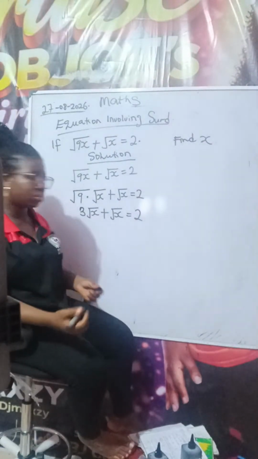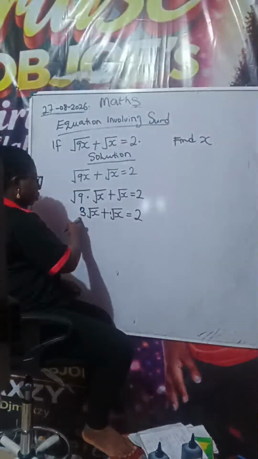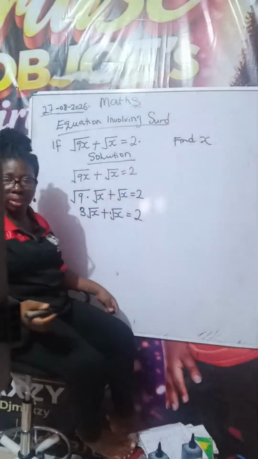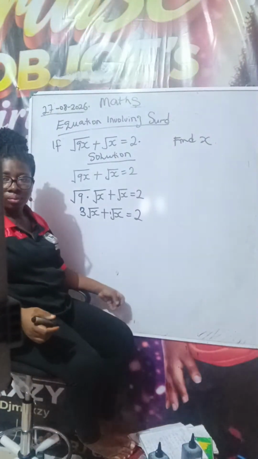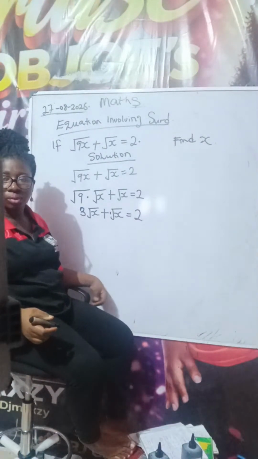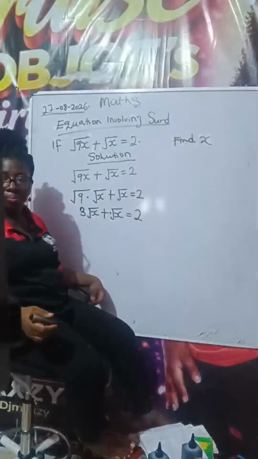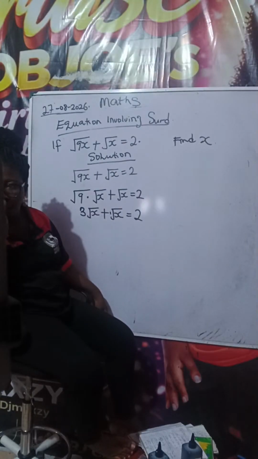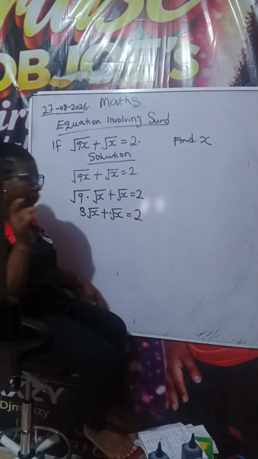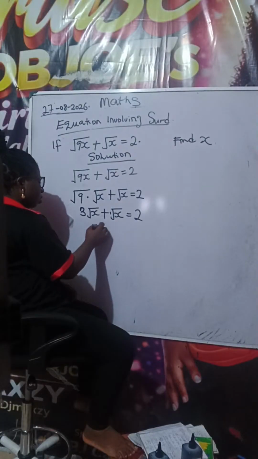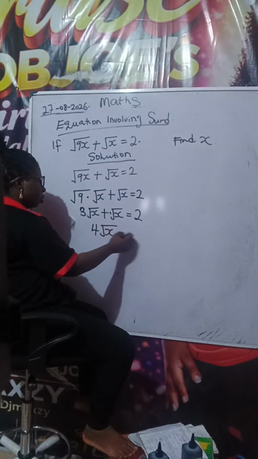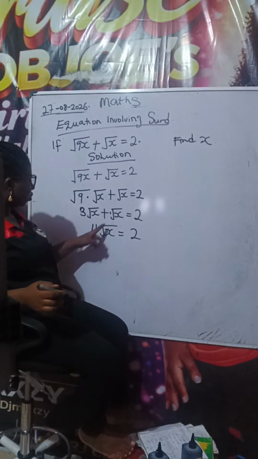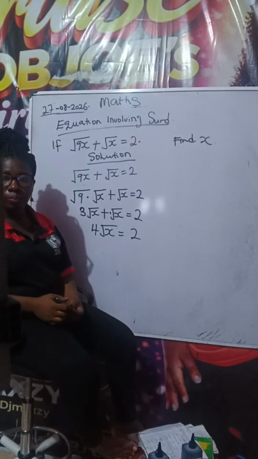So 3 plus 1, what are we going to get? That will give us 4. So we have 4 root x equals 2.